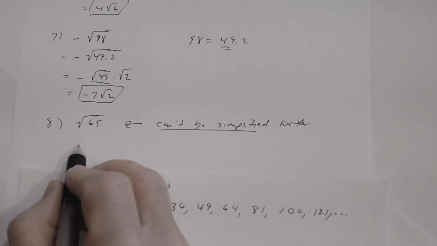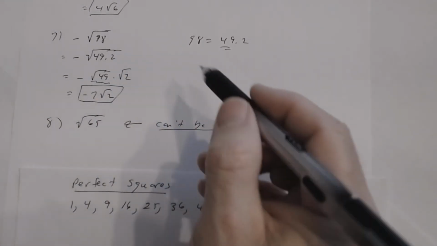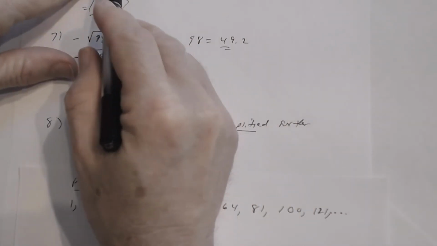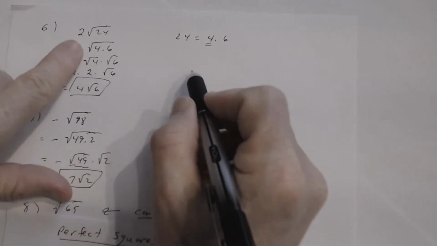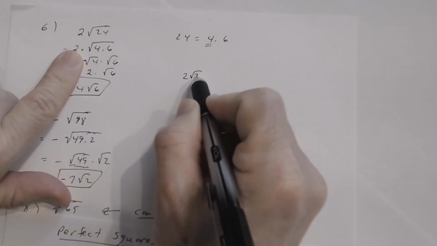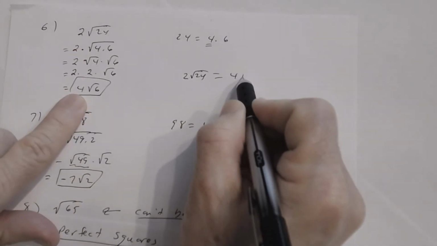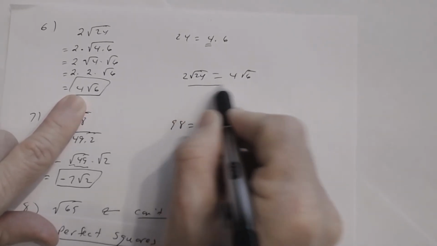So what I'm trying to say is this. See how we said here? Let's go to this one right here. When we said here that 2 square root of 24 was equal to 4 square root of 6, right?